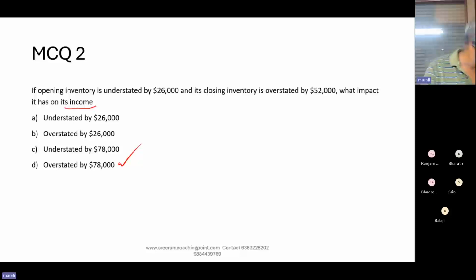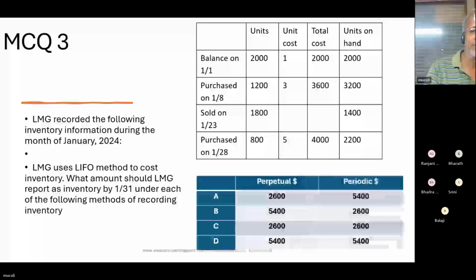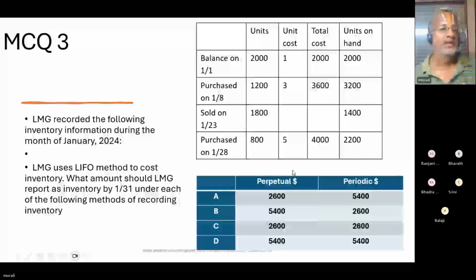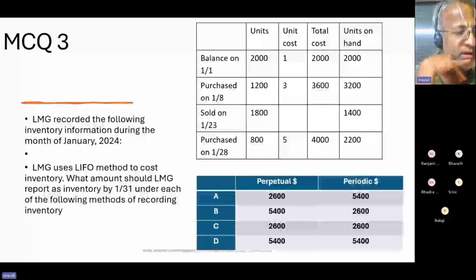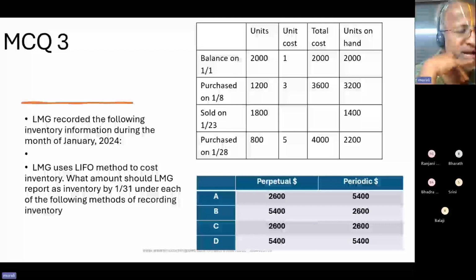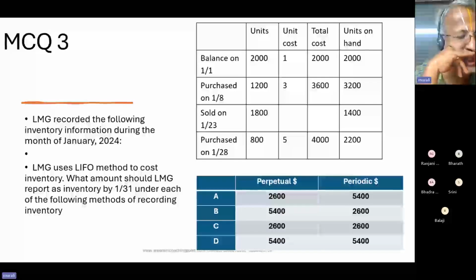Okay, so now not much is left. You can just try this. LMG recorded the following inventory information during the month of Jan 2024. LMG uses the LIFO method to cost inventory. What amount should LMG report as inventory by January 31st, under each of the following methods of recording inventory?